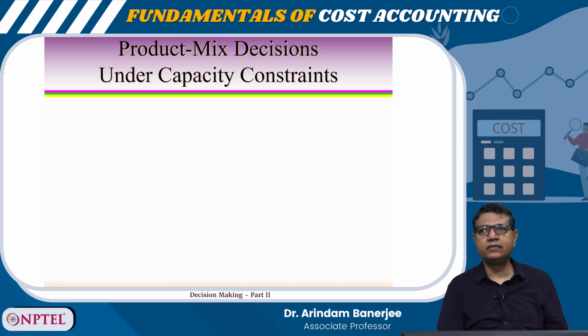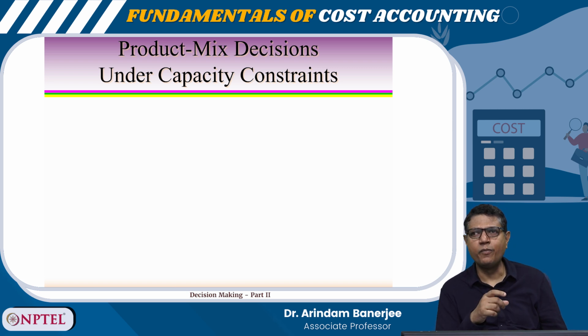So if there is a key factor, a constraint, a limiting factor, then I need to decide the product mix on the basis of the contribution per unit of key factor each product is making. For example, suppose my limiting factor is raw material supply.